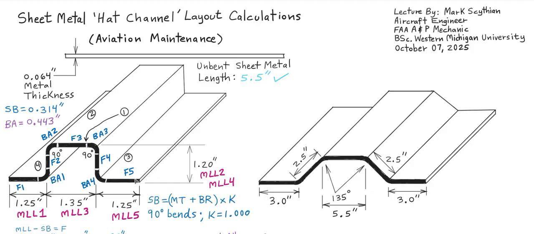So we have flat 5 plus bend allowance 4 plus flat 4 plus the bend allowance 3. So I'll just write in the values here so we can save time, but it's taken from the list below.